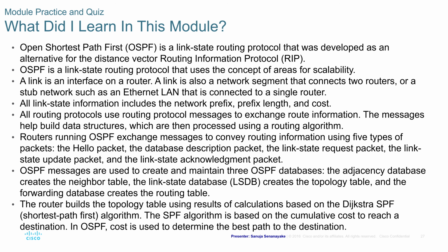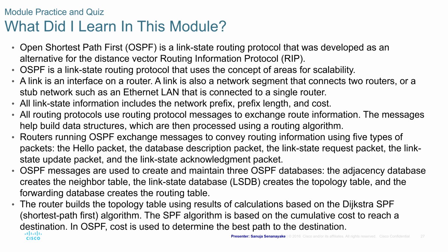A link state is an interface on a router. A link is also a network segment that connects two routers, or a stub network such as an Ethernet LAN that is connected to a single router. Link state information includes the network prefix, prefix length, and cost.